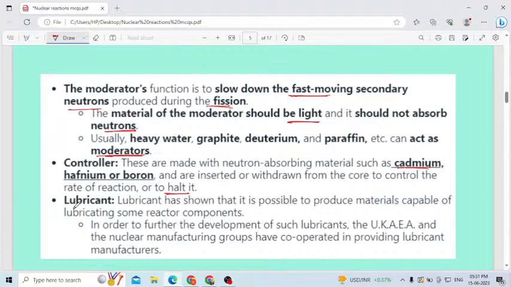Then last one, what is the use of the lubricant? Lubricant has shown that it is possible to produce materials capable of lubricating some reactor components. Next, in order to further the development of such lubricants, the UKAEA and nuclear manufacturing groups have cooperated in providing lubricant manufacturers.